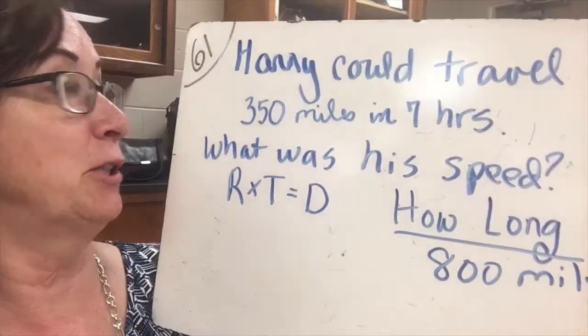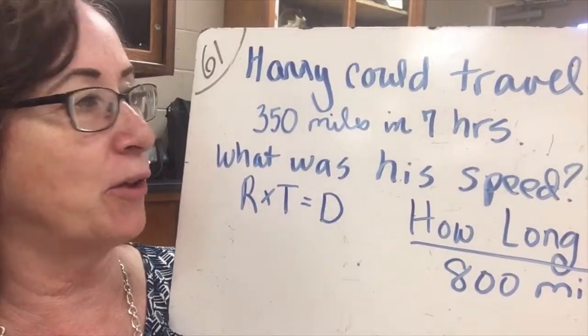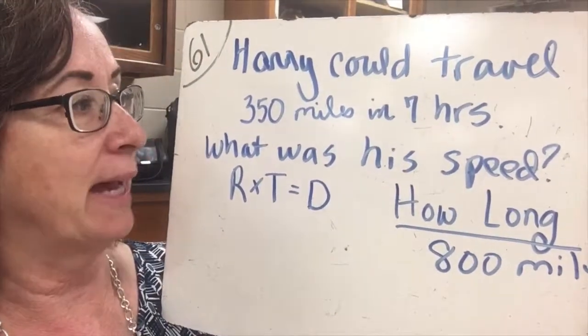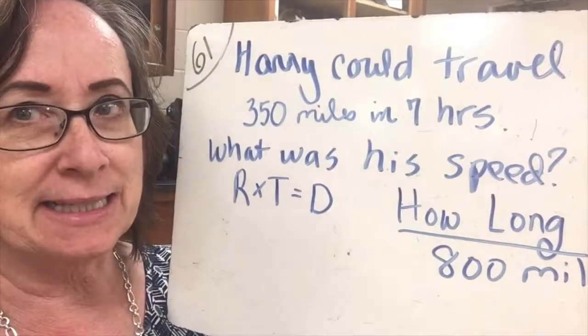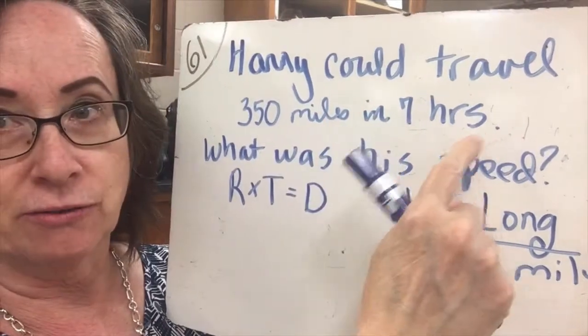Okay, on example 2, I'm going to do this 2 different ways. It says Harry could travel 350 miles in 7 hours. Okay, so first it says, what was his speed? Now remember, speed is the same thing as rate, which is distance over time.